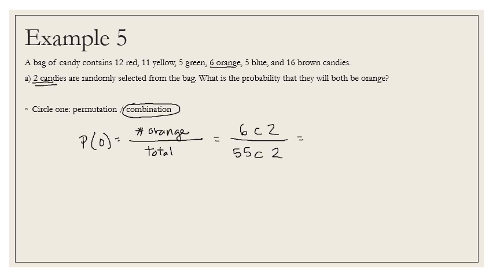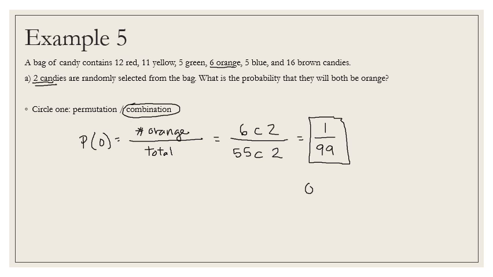I go into the functions and get my nCr, type 6, 2, divided by, go back into functions, nCr, 55, 2. Okay, I get a decimal and I'm going to push that little fraction button, because probabilities are written as fractions. There's actually 2 ways: probabilities are written as fractions or as percents.